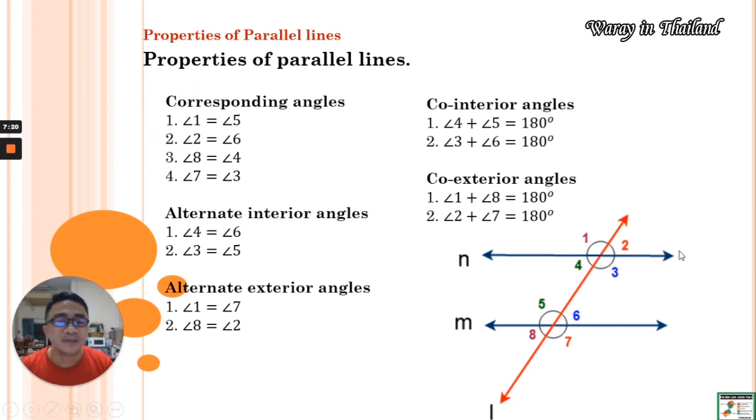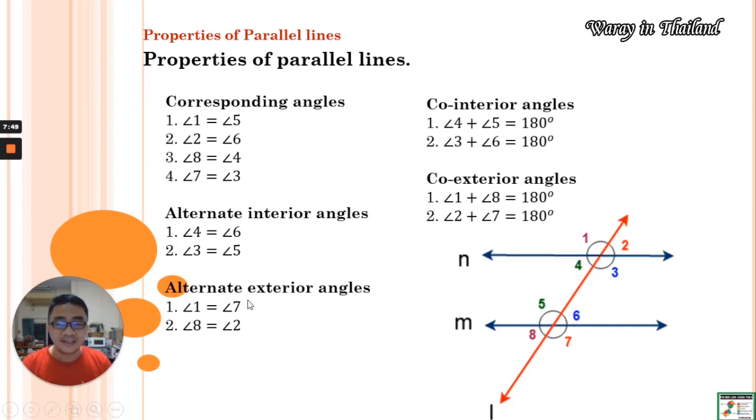So again, remember that when you say corresponding angles, one is outside and the other one is inside, but on the same side of the transversal line. Now we go with the interior alternate. Interior can be found inside here. Alternate means the opposite side of the transversal line, so it can be 4 and 6 or 3 and 5.